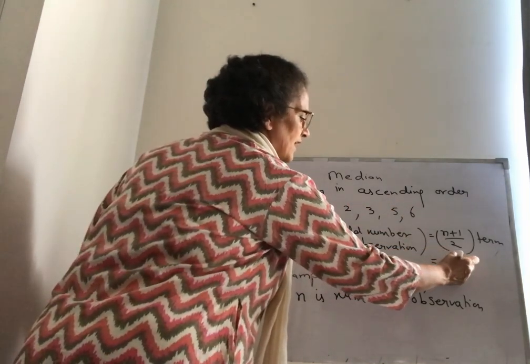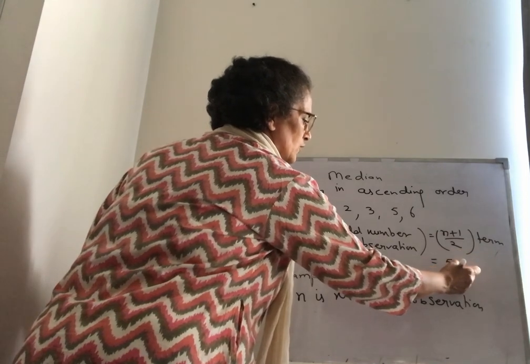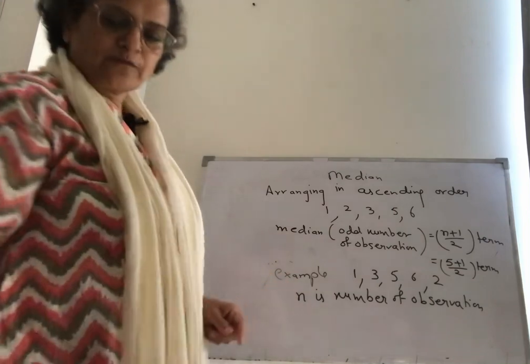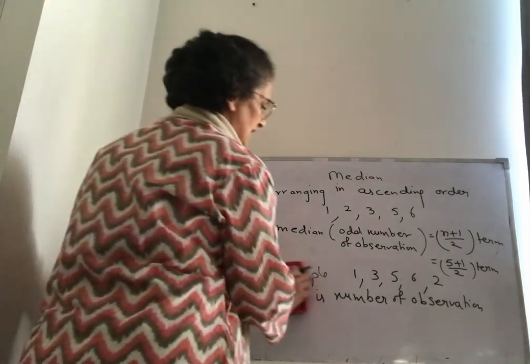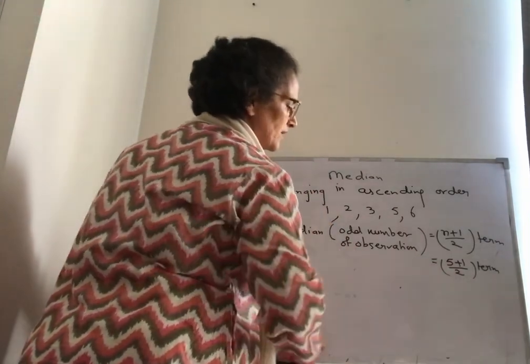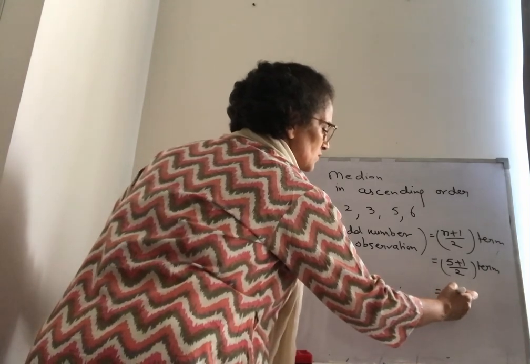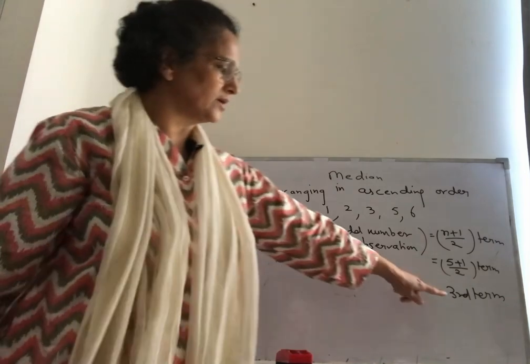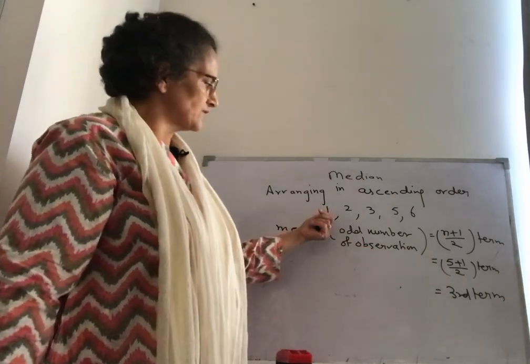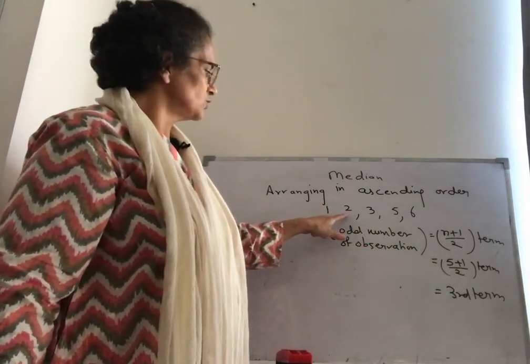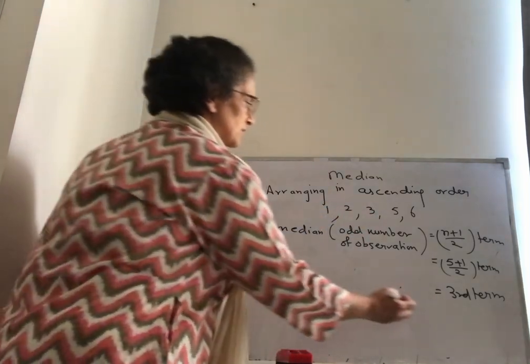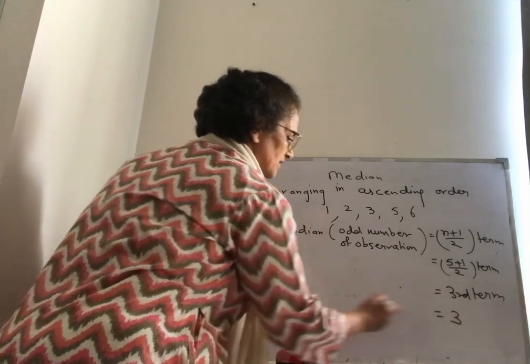So we write (5 plus 1) upon 2 term. 5 plus 1 is 6, and 6 divided by 2 gives 3. So the third term is my median. Counting from the left side, 1, 2, 3. So 3 is my median.